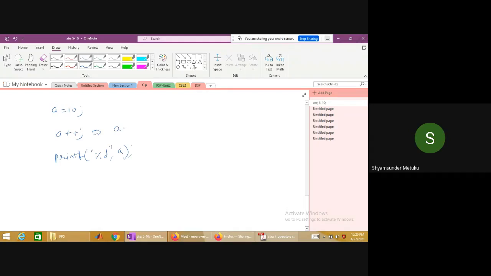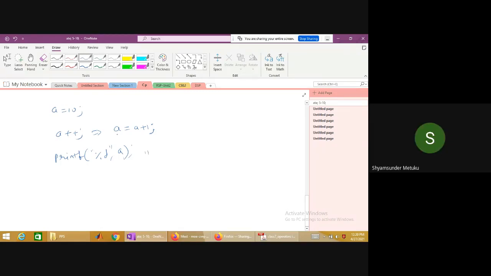Yes, this is equal to A equals A plus 1. The ++ symbol adds 1 to the variable or operand, correct or not? When you use A++, it is equivalent to A is equal to A plus 1, only the 1 is implicit. Is it clear? What is the value of A now? 11, correct or not?